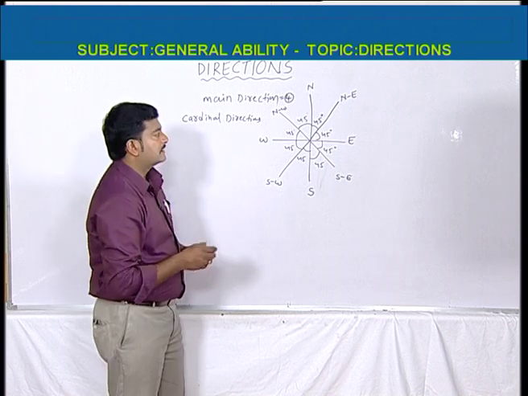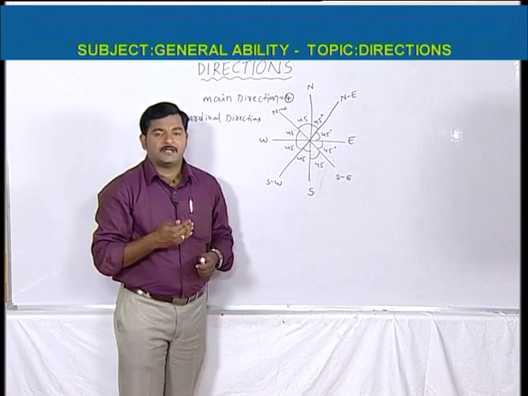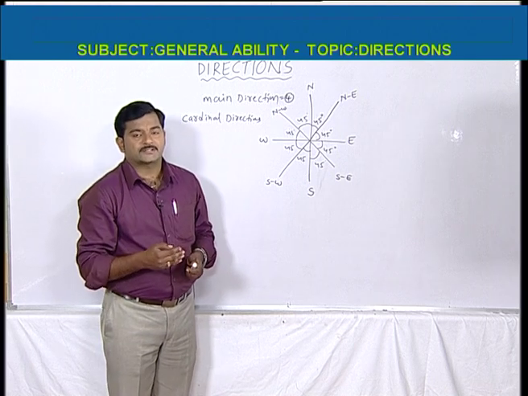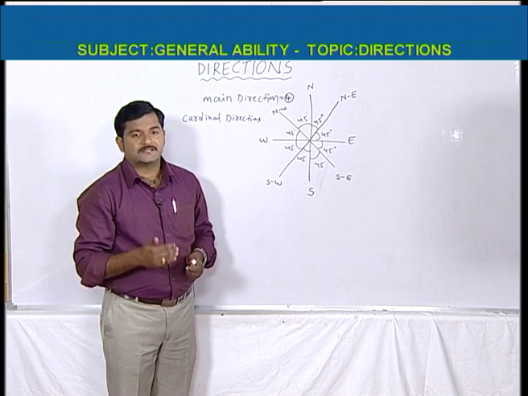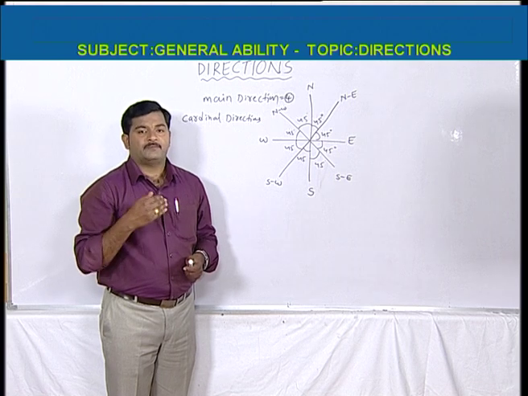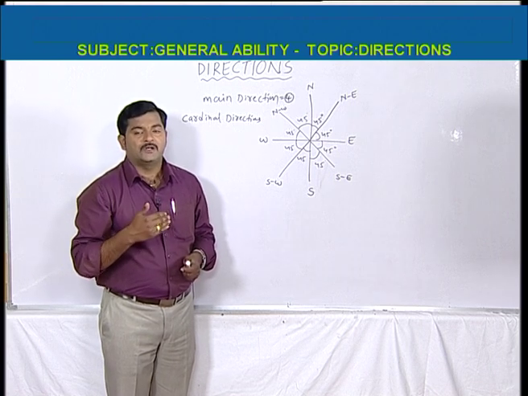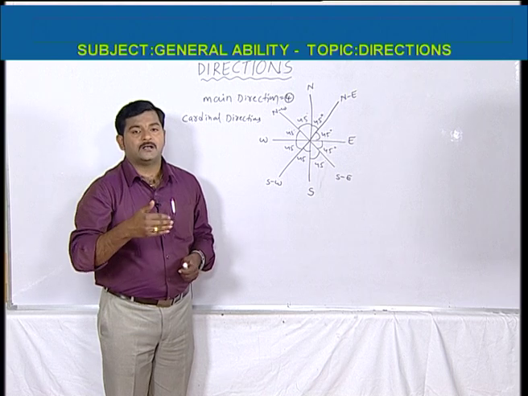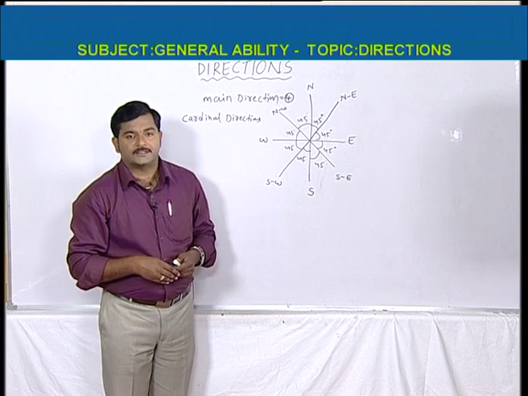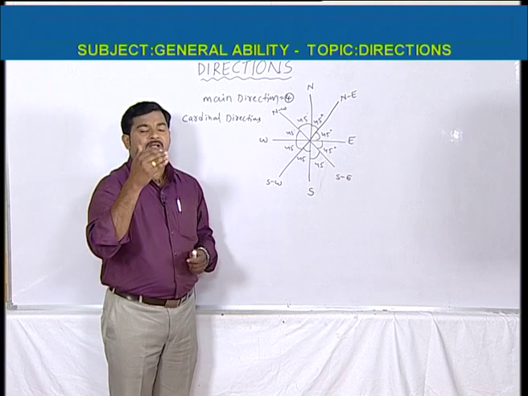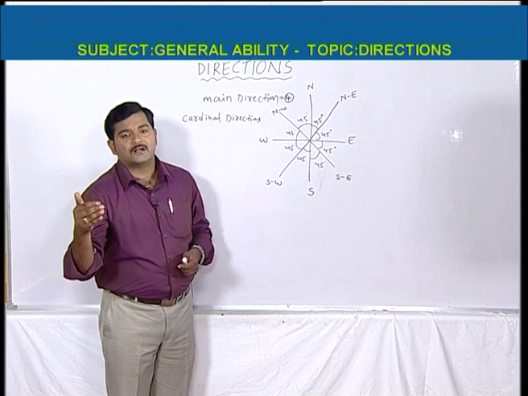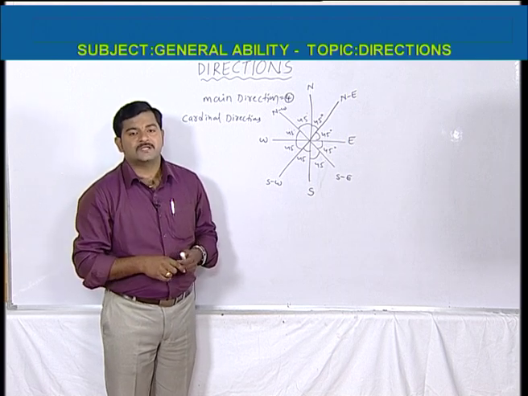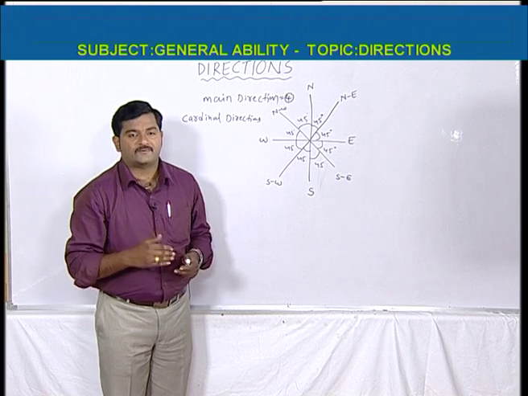So once again, the angle between two consecutive main directions is 90 degrees, as is the angle between two consecutive cardinal directions. Hence the angle between a direction and its cardinal direction is only 45 degrees.